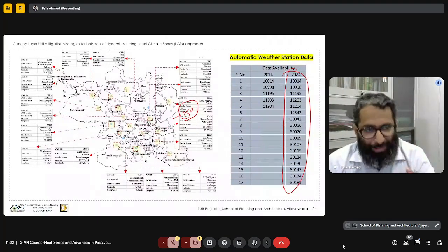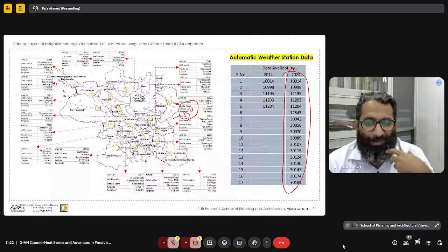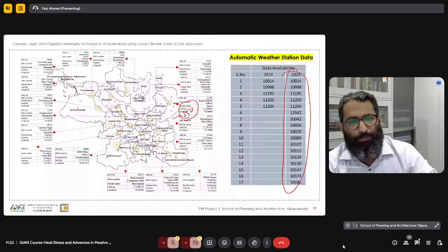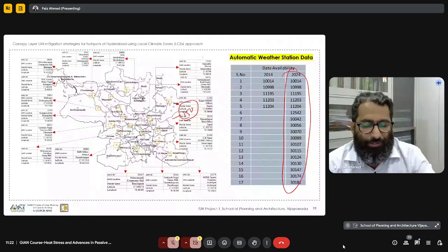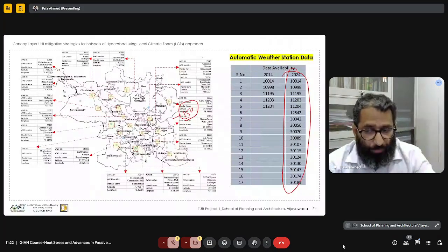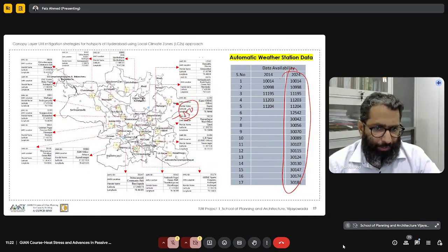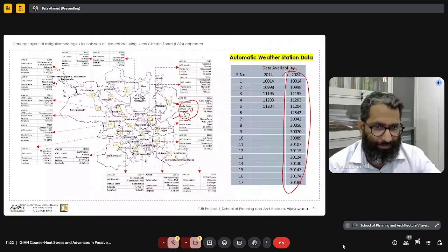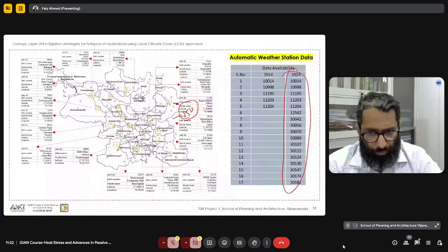And this was also pointed out by Professor in the lecture that the reliability of ground level data becomes very essential to say something which can be as realistic as possible. So we have taken data from about 17 weather stations within the city of Hyderabad on various variables to document it.